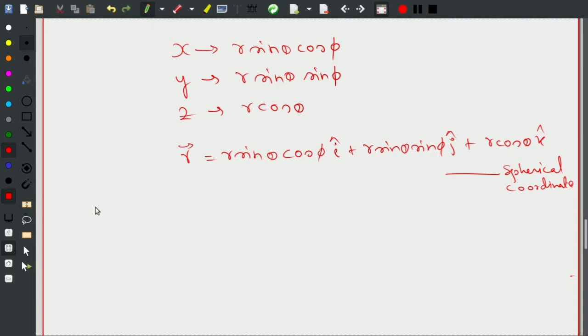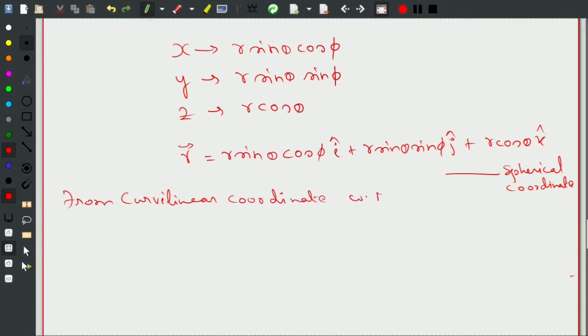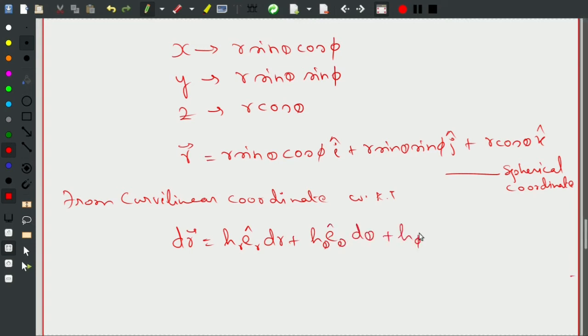From the curvilinear system we know that dr is nothing but h_r e_r cap dr plus h_theta e_theta cap d theta plus h_phi e_phi cap d phi, right?